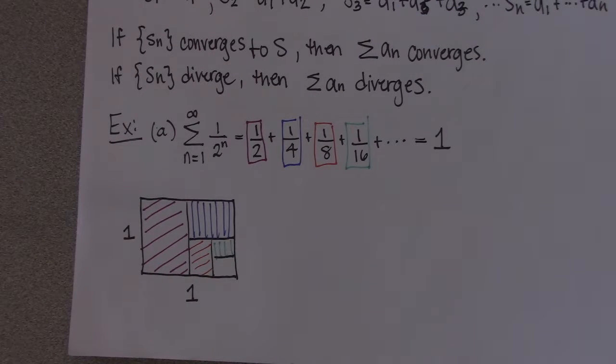So you can kind of see where this is going, right? Every new fraction, I'm just going to take half of the leftover area, and then half of the leftover area, and then half of the leftover area. It's never going to exceed 1. I'm never going to run out of room. I'm never going to run out of stuff. And so we can see here that the sum from n equals 1 to infinity of 1/2 to the n is simply going to add up to the value 1.